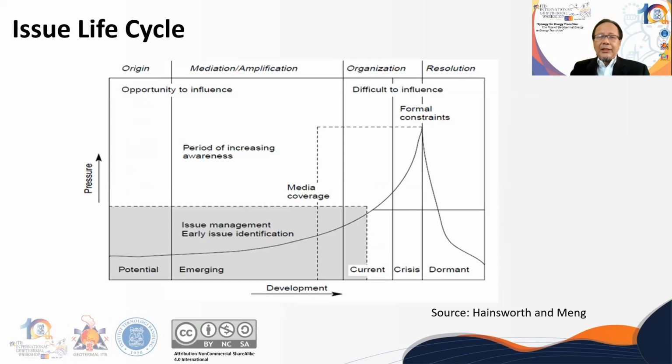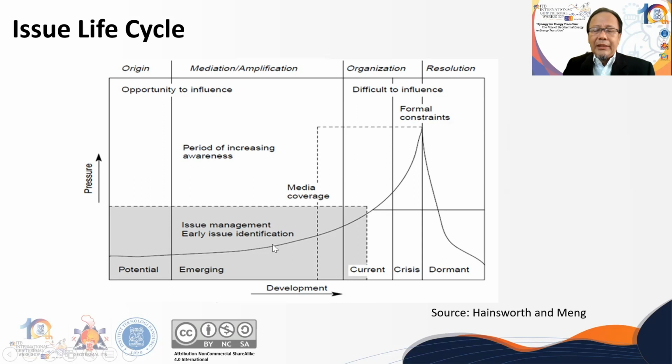The emerging issue is stated in the issue life cycle presented by Hensworth and Mang, that the issue starts from potential and then becomes emerging, where issue management starts working.